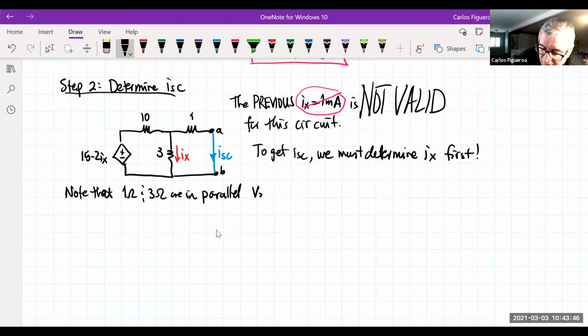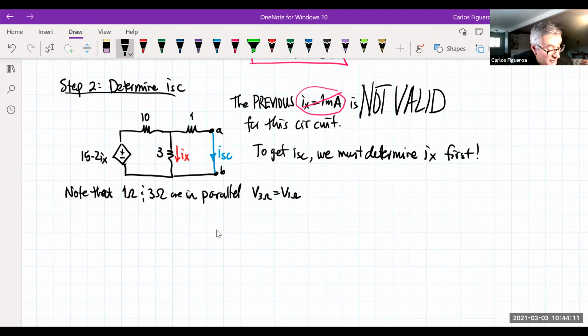So that means that the voltage across the 3 and the voltage across the 1 must be the same. Okay? So that's one way to look at it. And so if I'm looking at this guy here, you could use VDR to get the voltage across the 3 ohm.